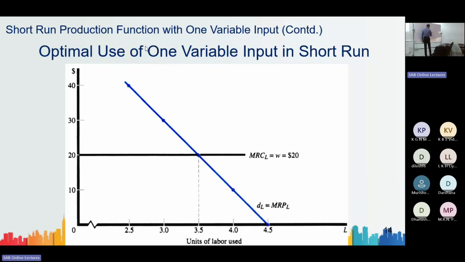Marginal revenue product of labor we calculate using another formula, that is marginal product of labor multiplied by price of output. And marginal resource cost of labor is the wage rate.